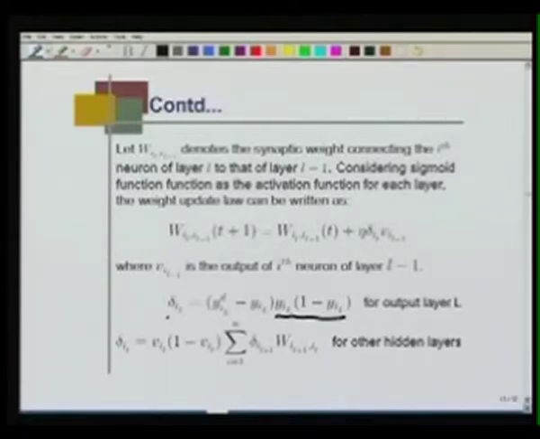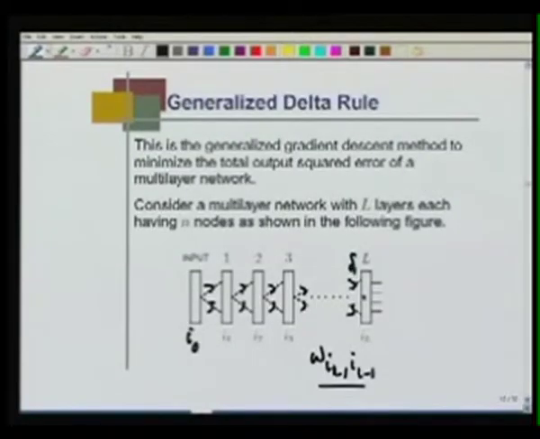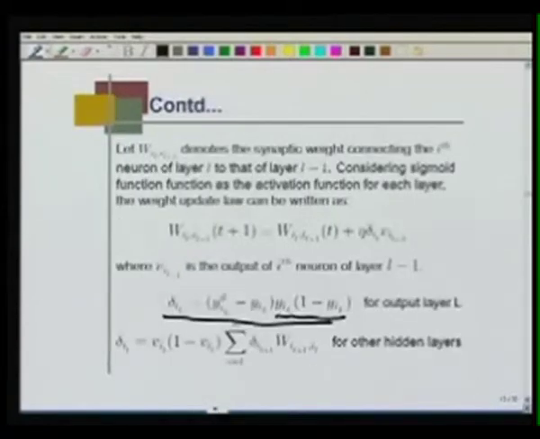So this delta_i_L is the error back propagated in this immediate layer. So that is the Lth layer. Okay, so this is for the output layer, and delta_i_L, okay, this L represents any layer. And delta_i_L is for the capital L, that is the output layer.